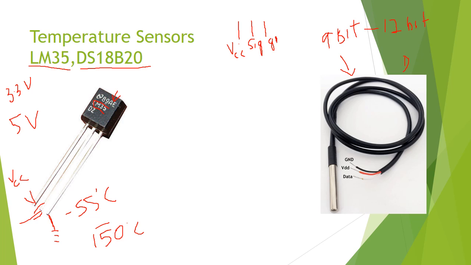Overall I have shown you the temperature range. Now from the electrical point of view, generally these sensors do not take much current. The current drawn by this LM35 is 60 microampere.